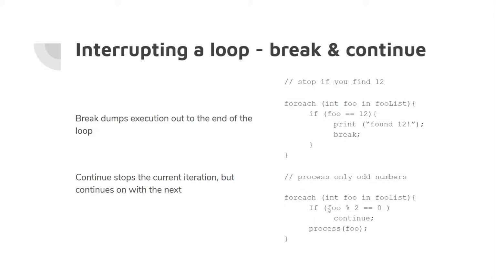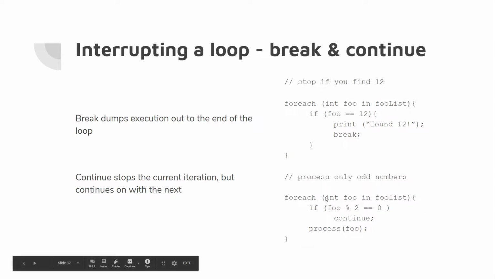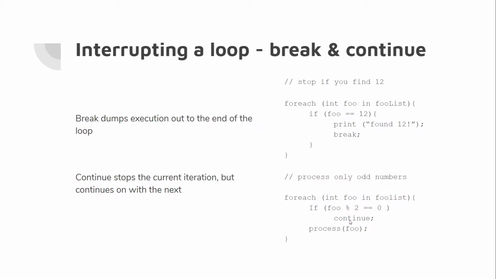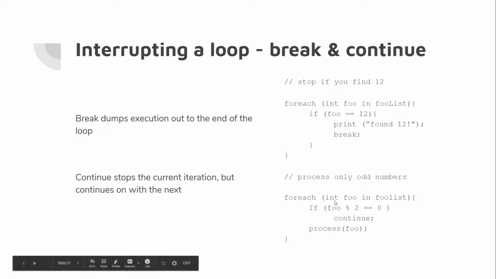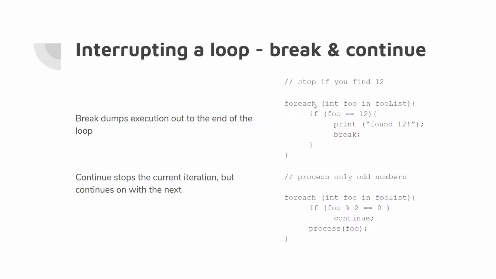We would check if foo mod 2, so there's no remainder when divided by 2, equals 0, continue, which means come back up here again. If there is a remainder, this happens. Notice there's no else, but this happens, and then the next iteration of the loop. So continue stops the processing but continues with the next iteration. Break says stop processing and don't continue, so it completes execution of the loop.